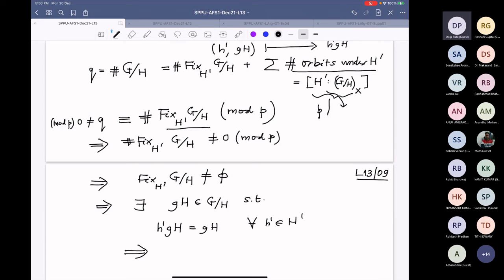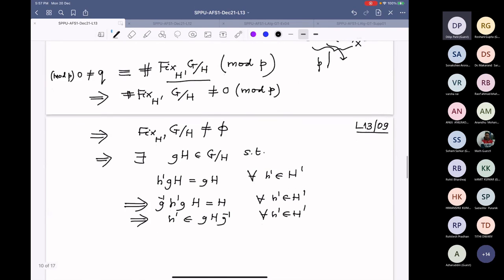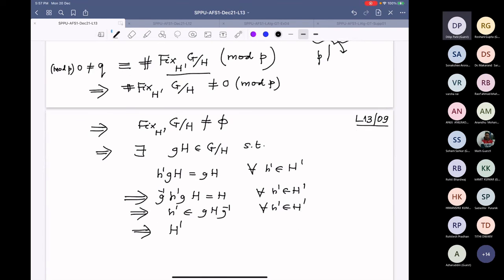So I want to keep H prime on this side and the remaining on the other side. So you first multiply by G inverse: G inverse H prime GH equals H for all H prime in H prime. So that means H prime belongs to G H G inverse for all H prime in H prime. And that means H prime is contained in G H G inverse.